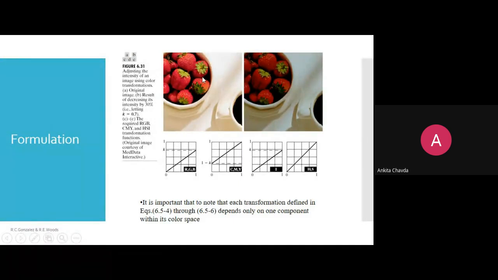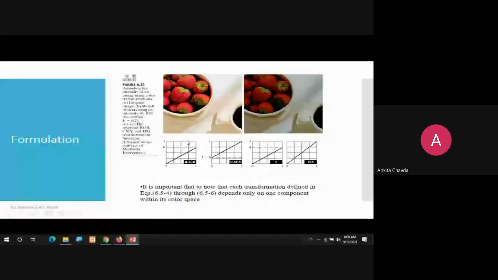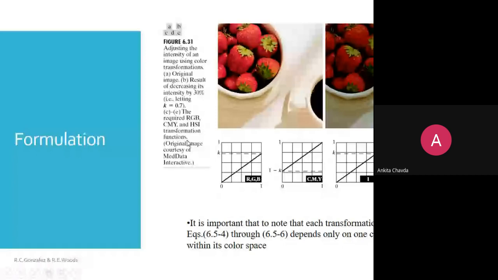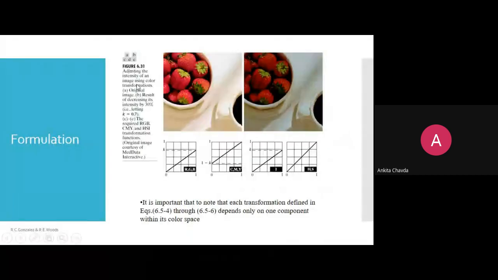The first image, that is what your original image. Another image, that B is the result of decreasing its intensity by 30%. What I want is, I just want to decrease intensity. If first time we will consider that is 100% intensity, so I have to reduce this by 30%.